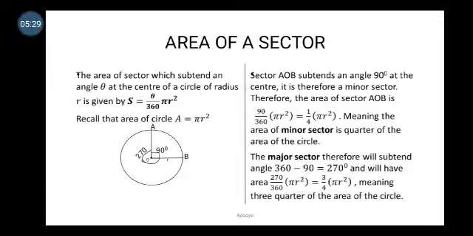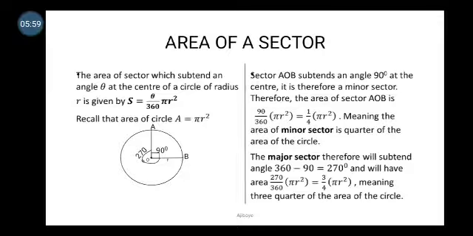Obviously one angle is bigger than the other, so the sector with the bigger angle will be the major sector, while the sector with the smaller angle will be the minor sector. Sector A subtends an angle of 90 degrees at the center. It is therefore a minor sector.